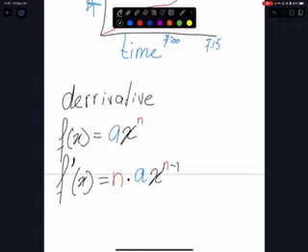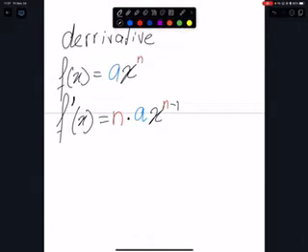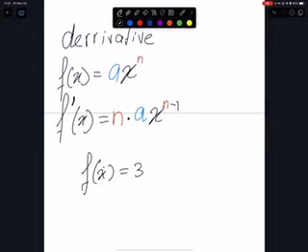So, if I have a function that says 3x to the power of 4, what would be my derivative function? F apostrophe.